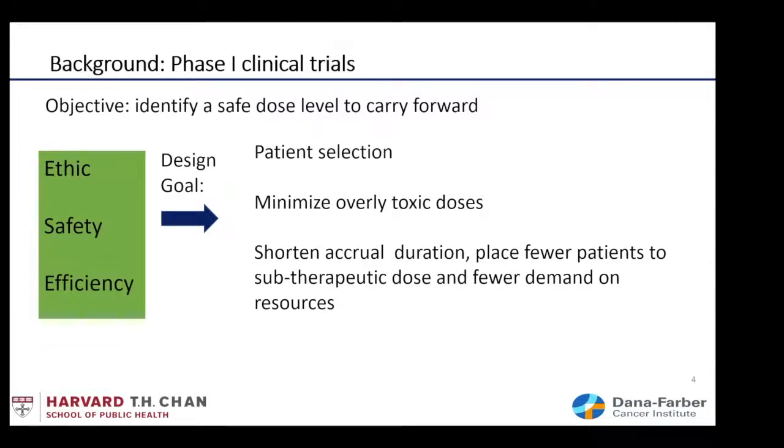To make it simple, phase 1 clinical trials are really just to identify a safe dose level to carry forward, especially in the oncology setting, because we often talk about cell killing and cytotoxicity. Phase 1 trials are covered by 3 guiding principles: ethical conduct, safety, and efficiency.